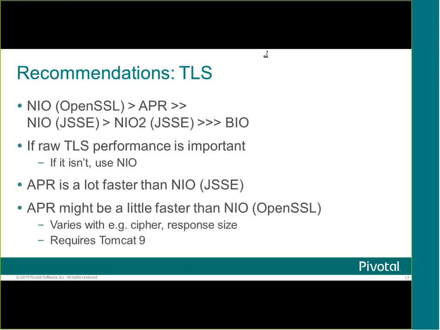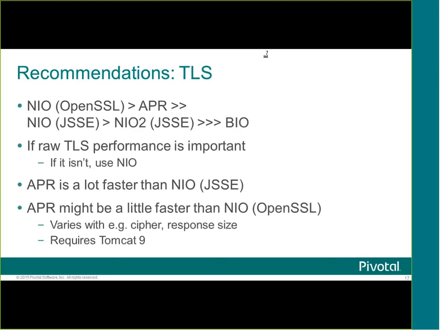So in terms of those preferences, as we said, BIO, forget about it. Completely free choice, I'd use NIO with OpenSSL. After that, APR, those two are a little bit ahead of NIO with JSSE and NIO2 with JSSE. But again, if you're on Tomcat 8, you can really choose, test between the connectors, see which one works best for you.